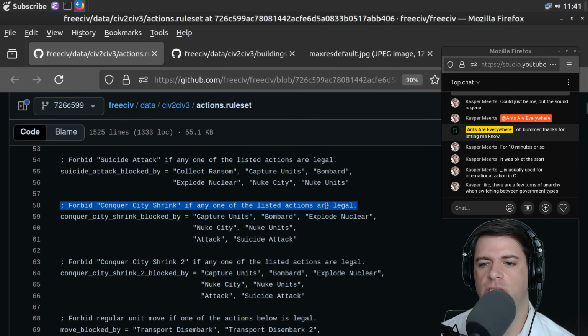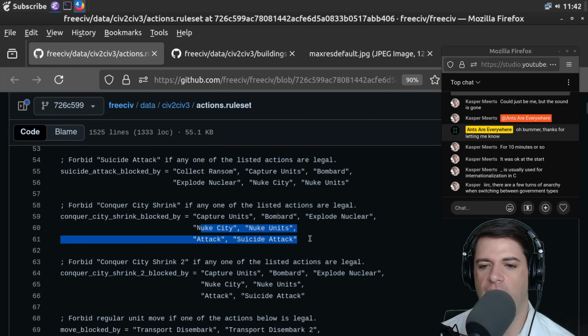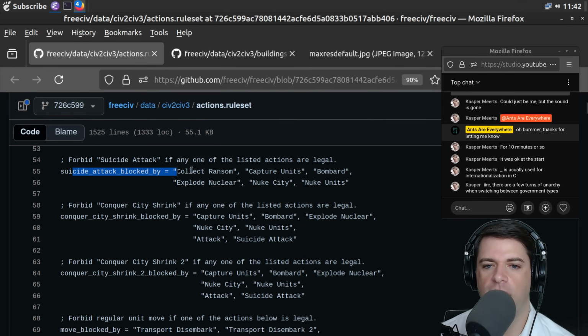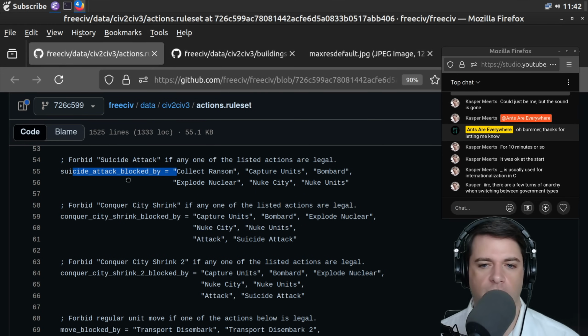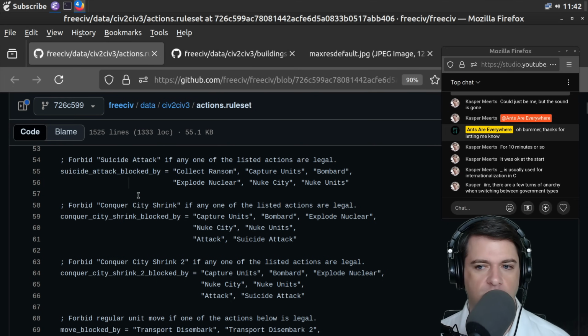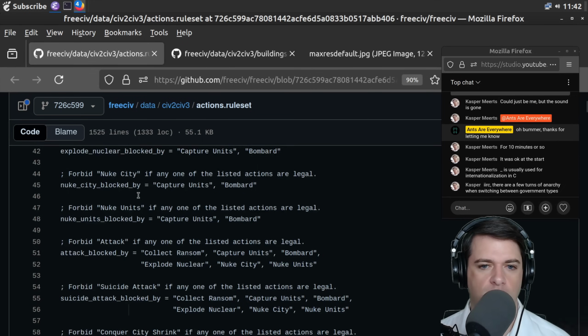If any of the listed actions are illegal. You can capture units, bombard, explode nuclear, I guess, nuke city, nuke units, attack, or suicide attack. The suicide attack is blocked by collect ransom, capture units, bombard, explode nuclear, nuke city, and nuke units. Okay.